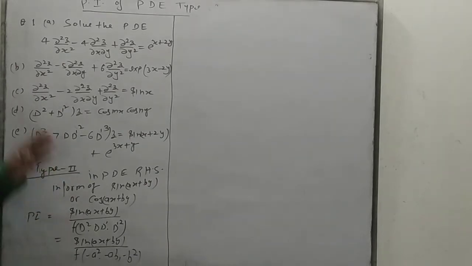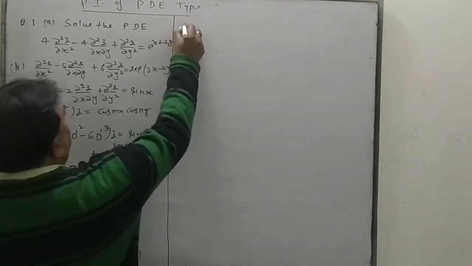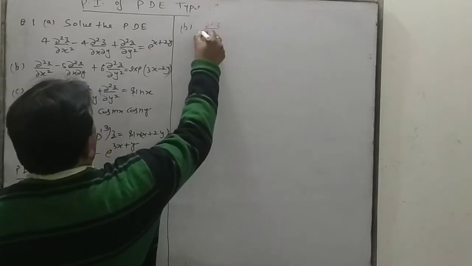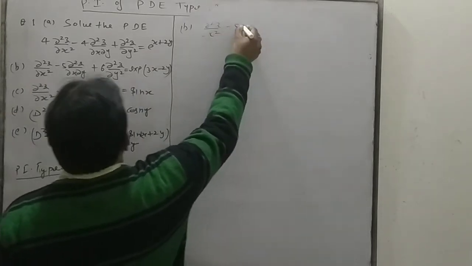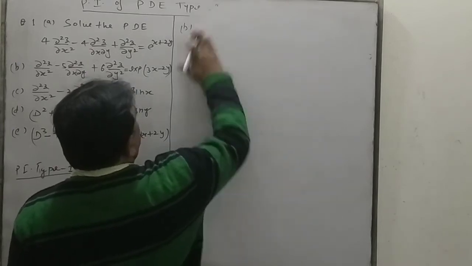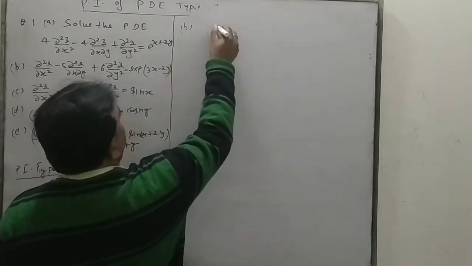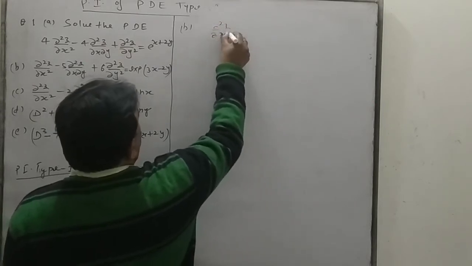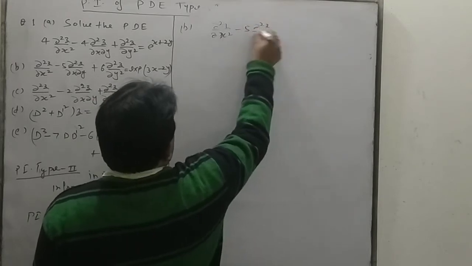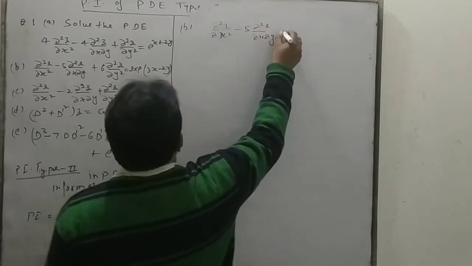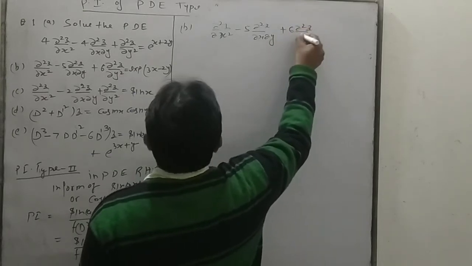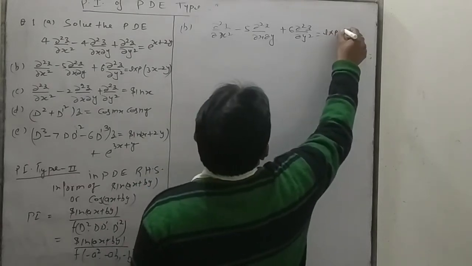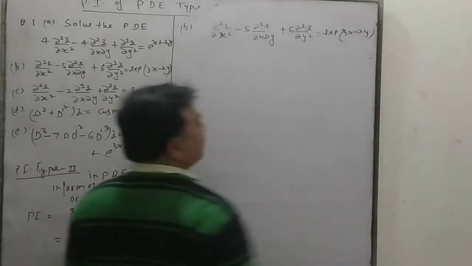Next question, question number B: del 2z over del x2 minus 5 del 2z over del x del y plus 6 del 2z over del y2 equals exp of 3x minus 2y.